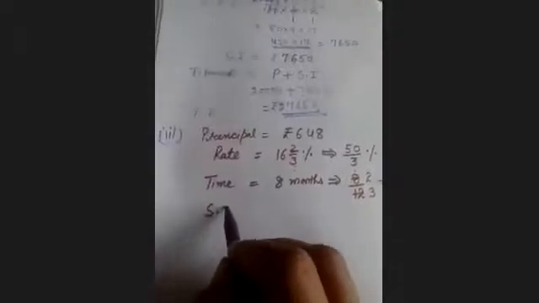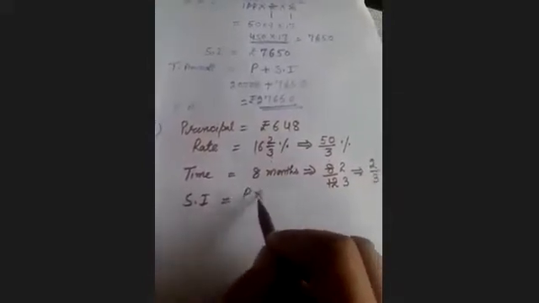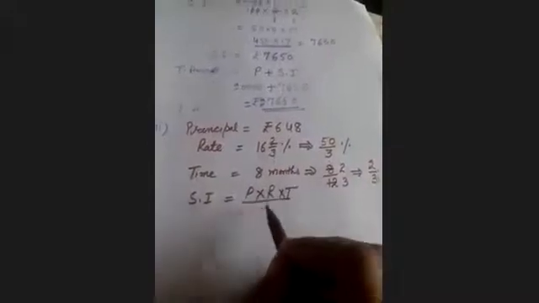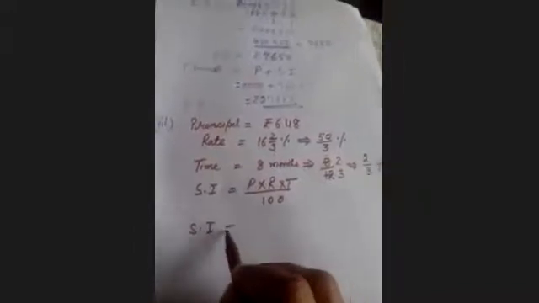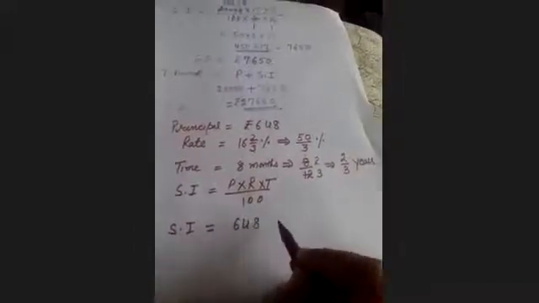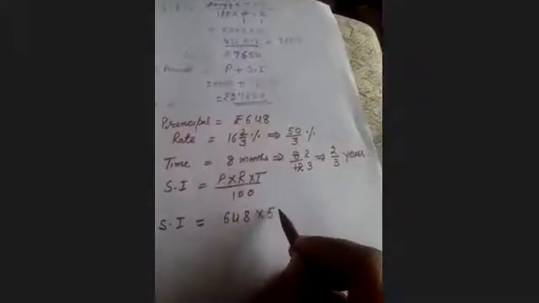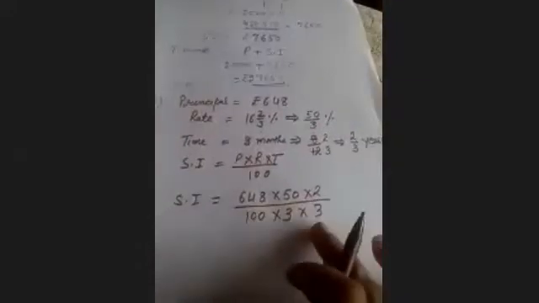Now students will find the simple interest. Simple interest is P into R into T upon 100. So simple interest is 648 into 50 upon 3 and 2 upon 3. Now multiply by 100. Now students, solve this part. 50 and 2 are 100.